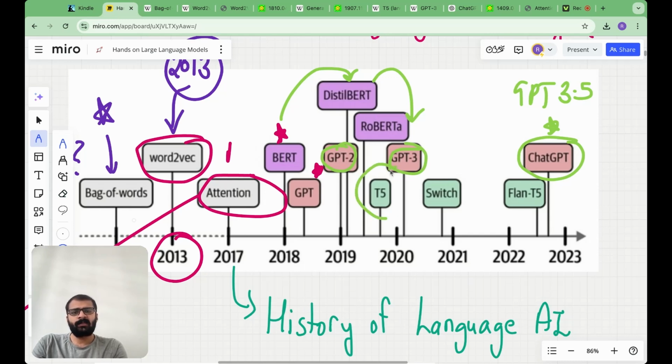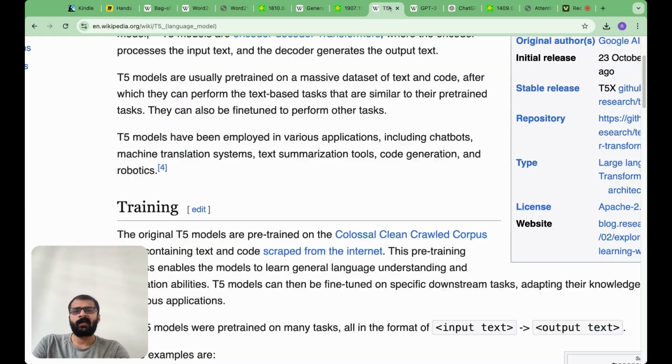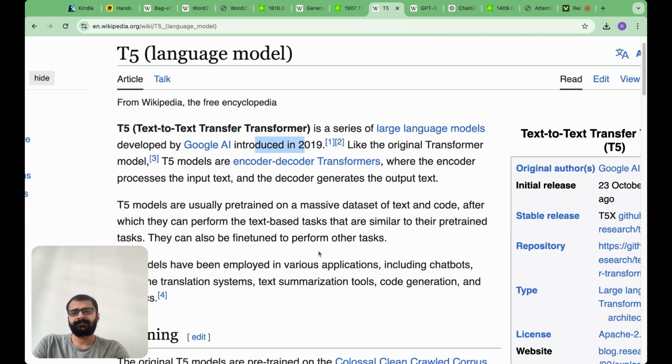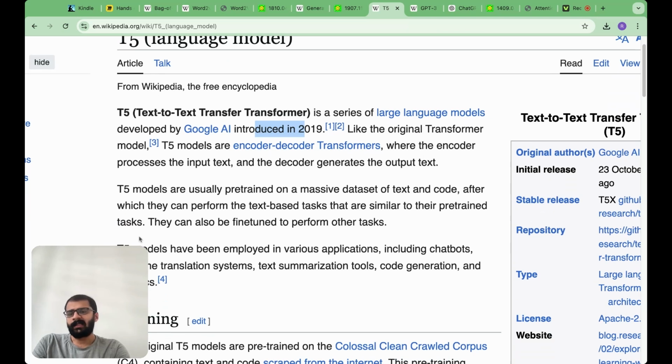Then what you see in green are T5, Switch and Flan-T5. There are other types of NLP models which have become famous. For example, the T5 model is a text-to-text transformer model, introduced by Google AI in 2019. They have also been used in a wide range of applications such as chatbots, machine translation systems, text summarization tools, etc. So when you think of natural language processing, don't just think of GPT.